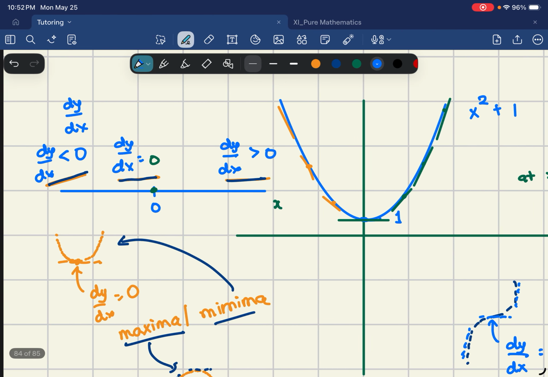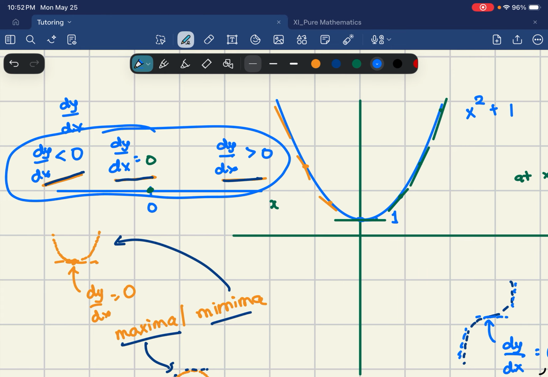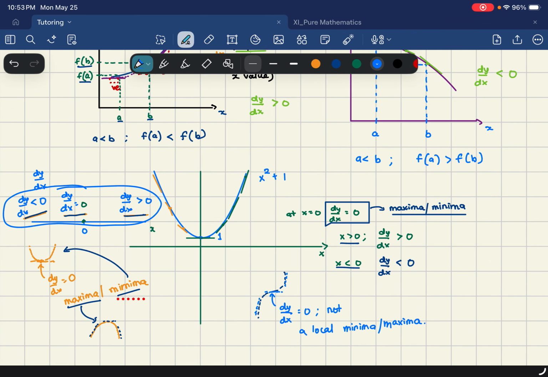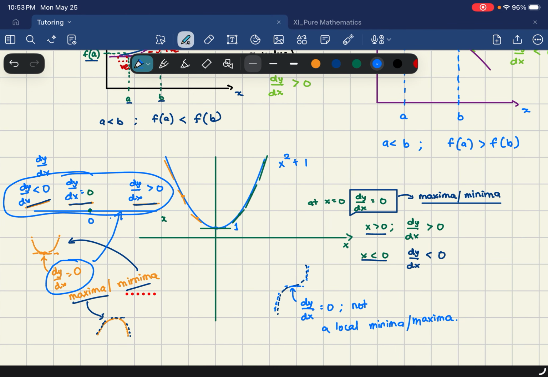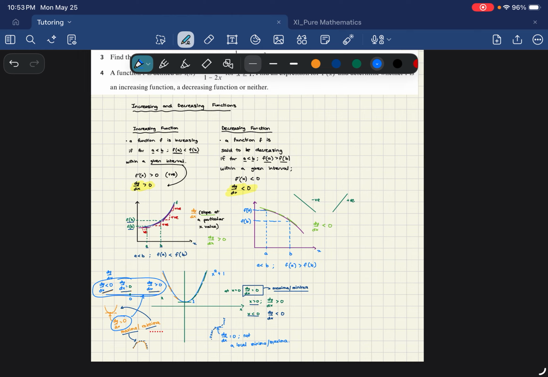So if you can see that your tangent line has a positive gradient, then the gradient is 0 and then it becomes negative, or vice versa, then you can conclude. But if it's just dy by dx is 0, then you cannot conclude that it's a local minima or maxima. Usually, for our questions, dy by dx being 0 is going to give a maxima or a minima, but we will always check for the sign change in dy by dx.